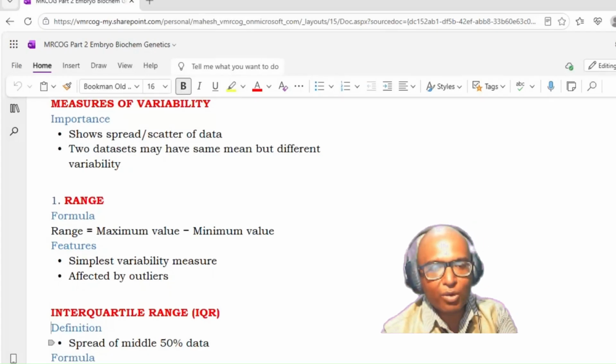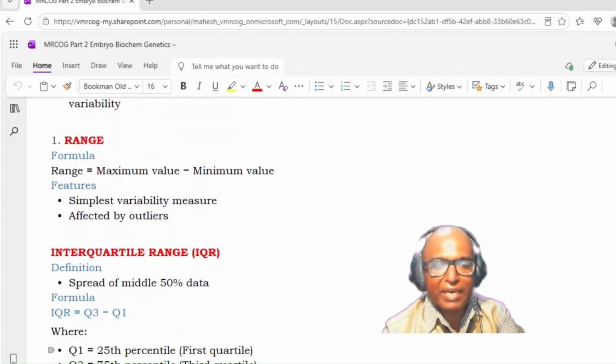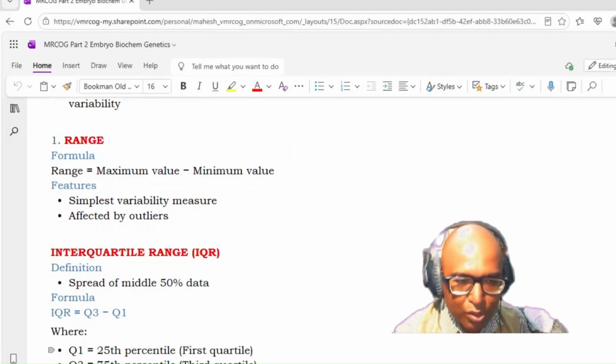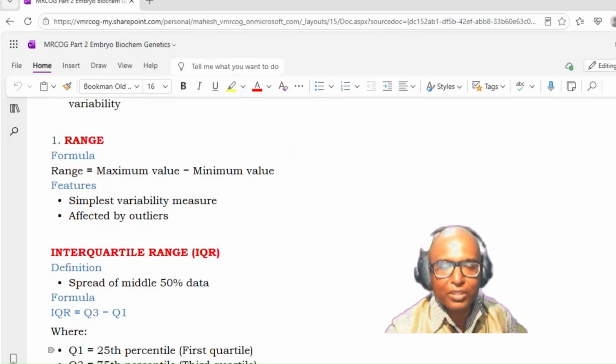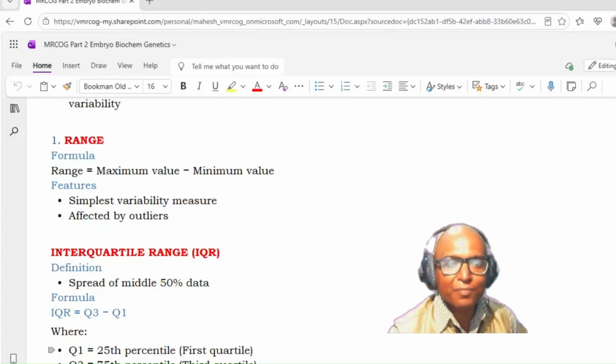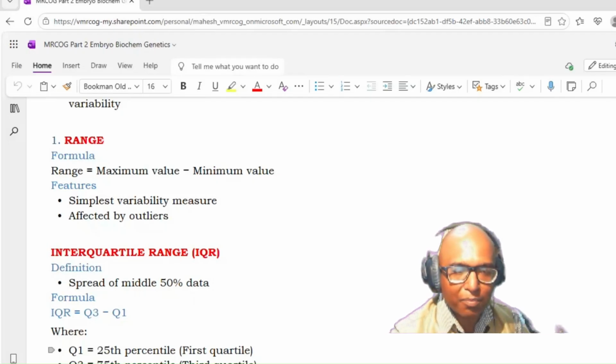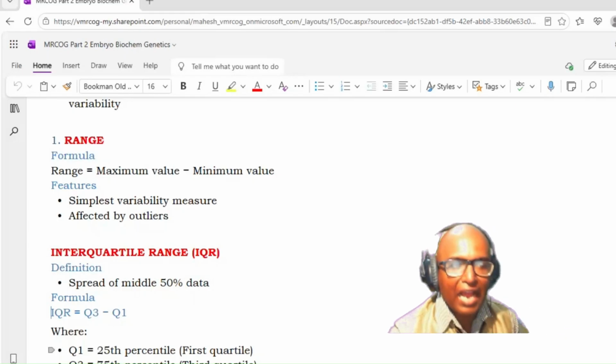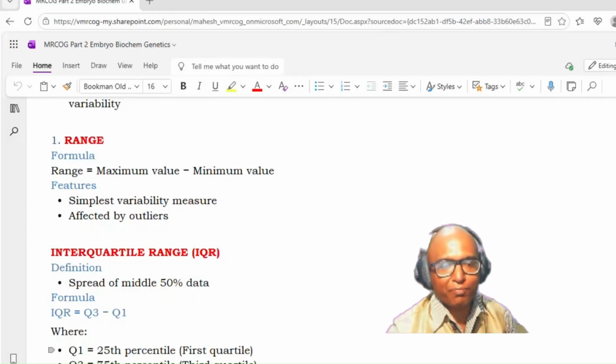Now the next measure is the interquartile range. This interquartile range is the spread of the middle 50% of the data. How do we calculate the interquartile range? Interquartile range is equal to Q3 minus Q1, where Q3 is the third quartile, that is the 75th percentile, and Q1 is the first quartile, that is the 25th percentile.